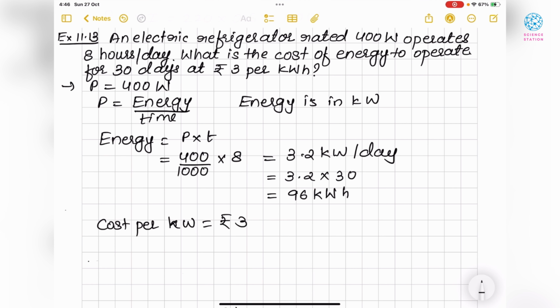So therefore cost for 96 kilowatt hour will be 96 into 3. So that will come as rupees 288.